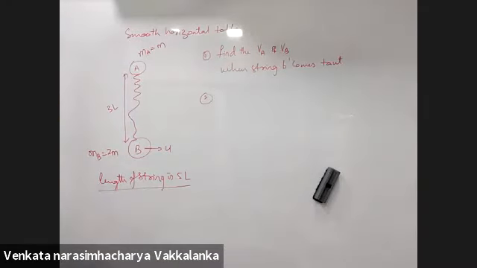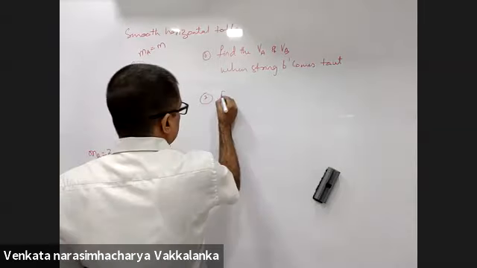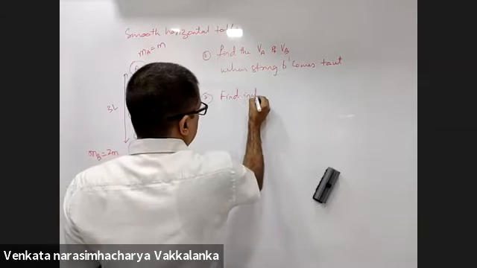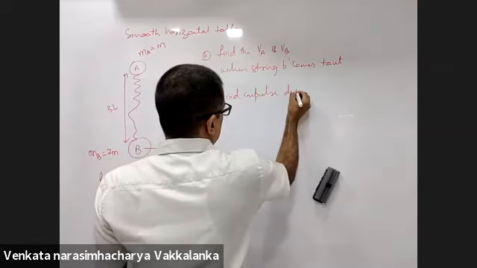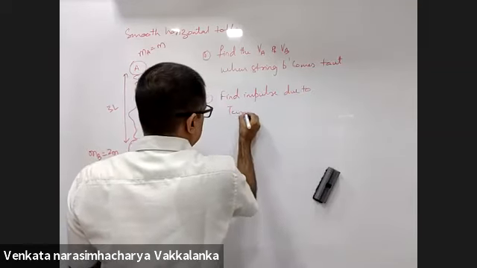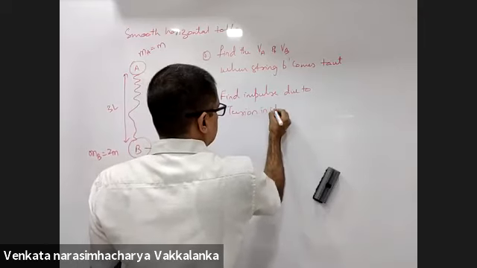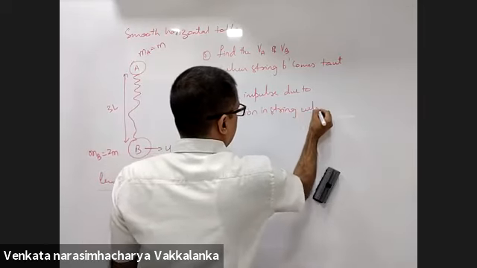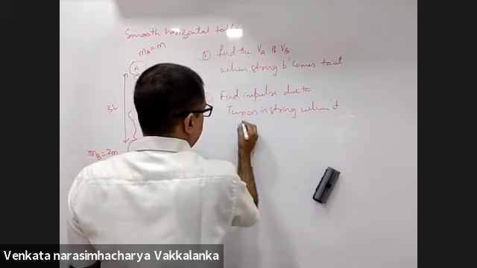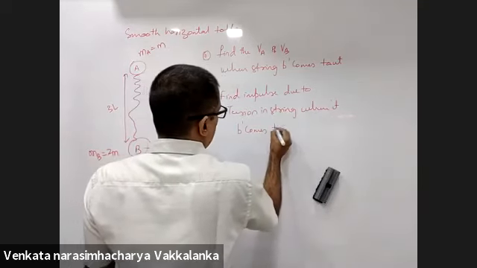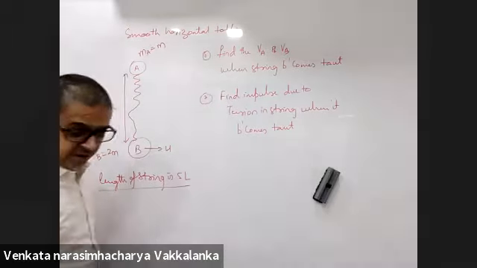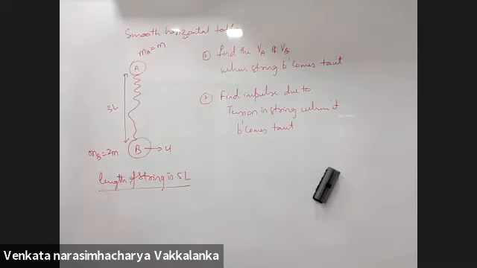Find the impulse due to tension in the string when it becomes taut. There is a third bit for it. I'll discuss that once you are done with the first two bits. Body P is given a velocity of u.